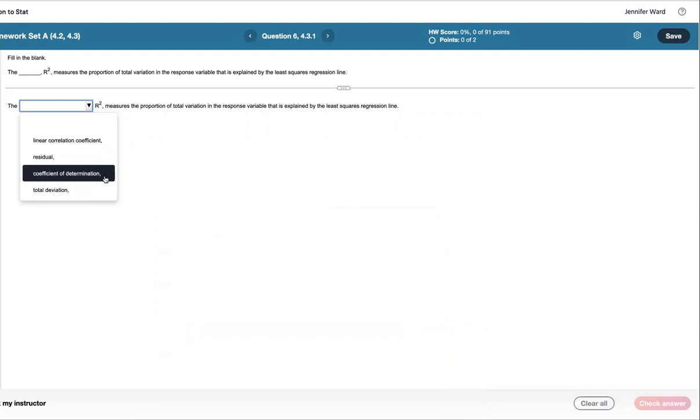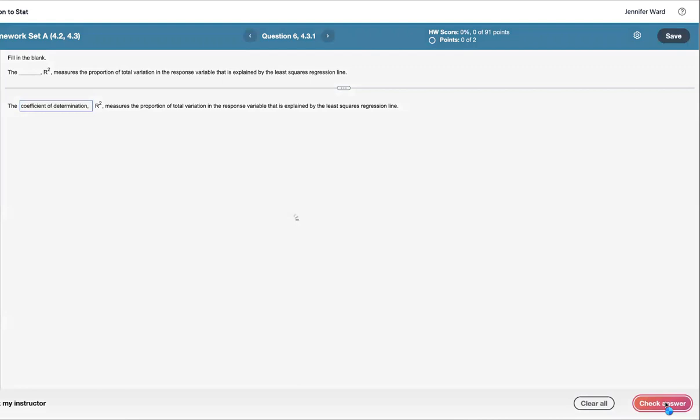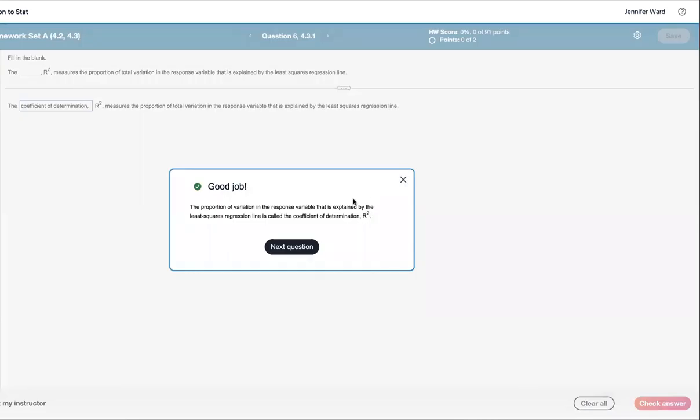That is the word that means R squared. It's the long way of saying R squared, coefficient of determination. There we go. So proportion of variation, and by proportion, we're meaning percent, 98.7% of the variation in well-being score is explained by the least squares regression line.